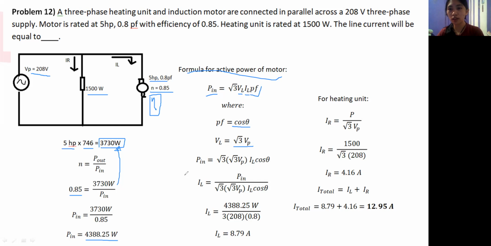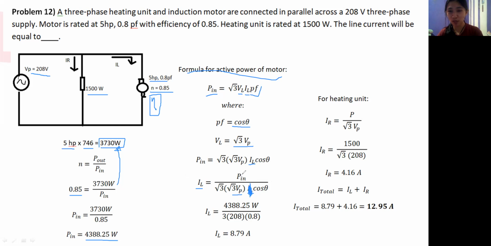Rearranging the equation to get the line current, it is just equal to Pn all over the square root of 3 times the square root of 3 Vp times the cos theta.